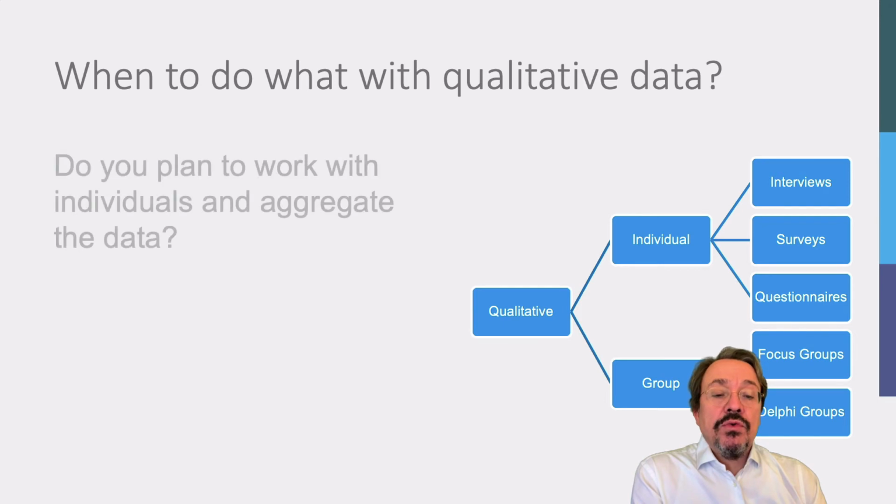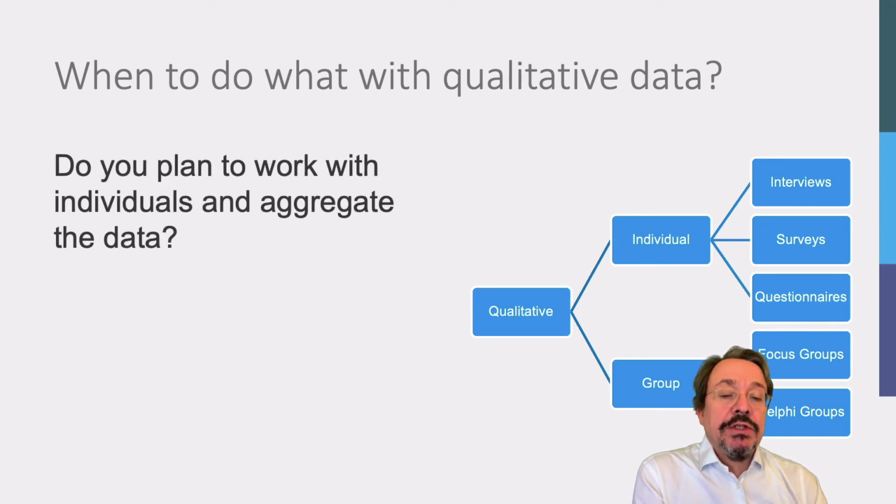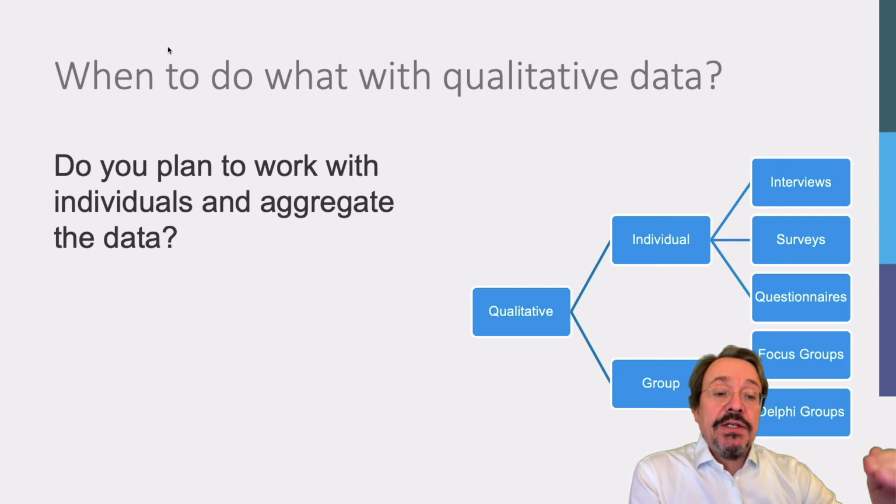So if you want to collect qualitative data, one of the first questions then is, do you work with individuals or do you work with groups and aggregate the data? And then, when you have decided you want to start with a qualitative data collection, do you work with interviews, surveys or questionnaires with individuals, which you also can do online or face-to-face?